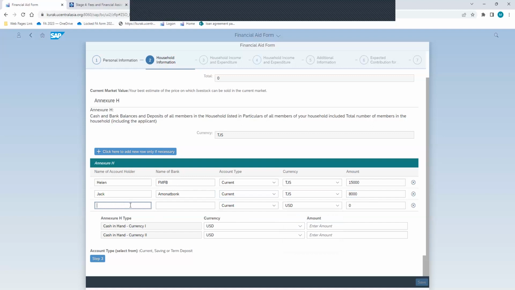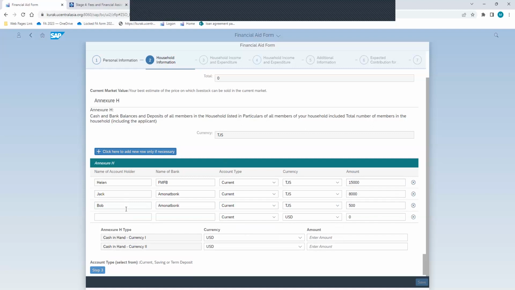One more account here is for the grandfather because he's receiving a pension on his card, and if we have a card, then it means we have a bank account as well. So Bob was the grandfather. Okay, let's call it current. It's in TGS, and he has something like 500.